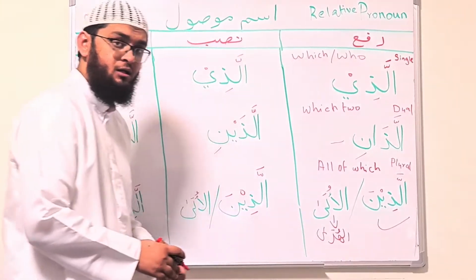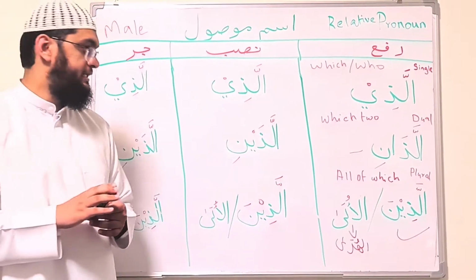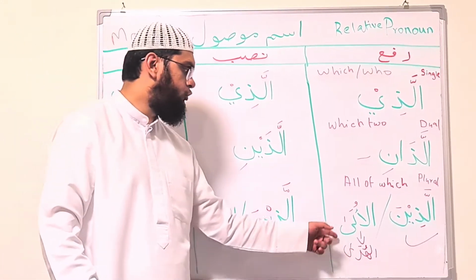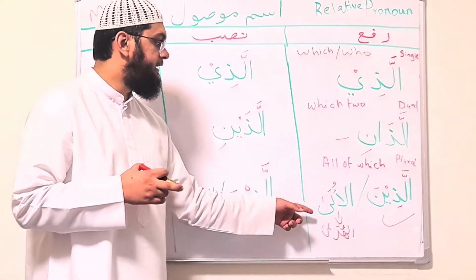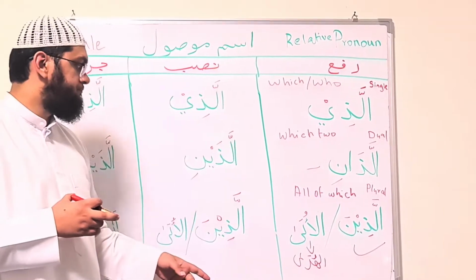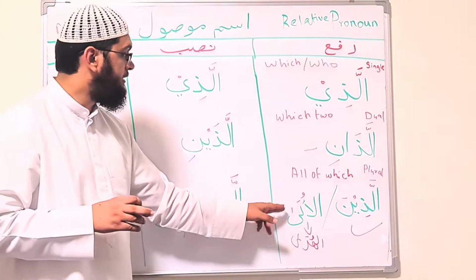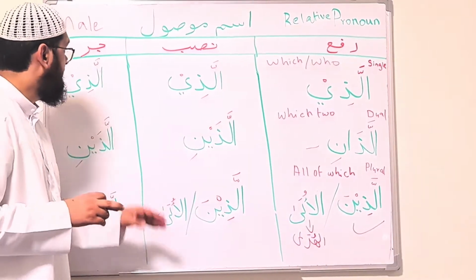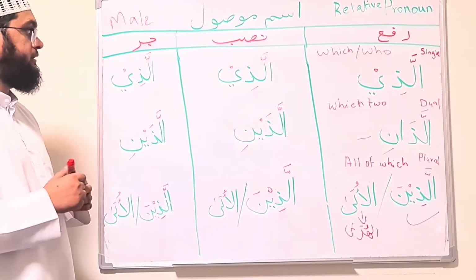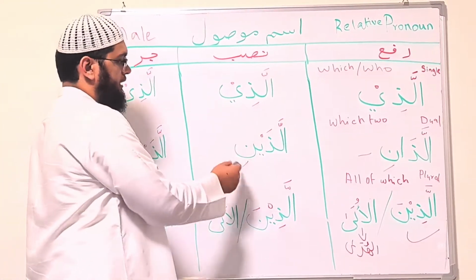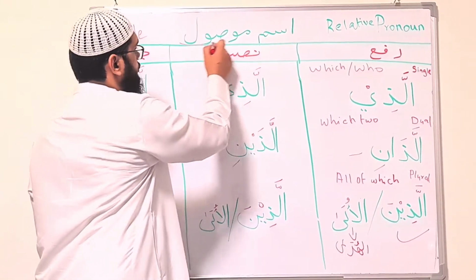This is very rare, but it is also used in old texts. So if you happen to find ulaa, that indicates that it's a mawsool. Alladhina and ulaa are the same in the state of rafa, nasab, and jar.